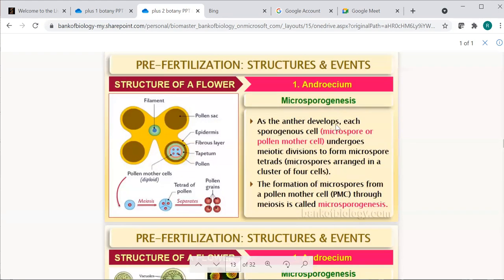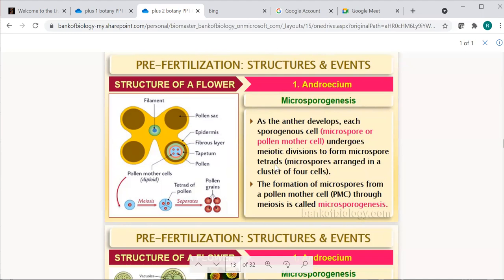As the anther develops, each microspore mother cell undergoes meiotic division. The mother cell undergoes meiosis to form microspore tetrads. Microspore tetrads through what? Meiosis. They are clusters of 4 cells.